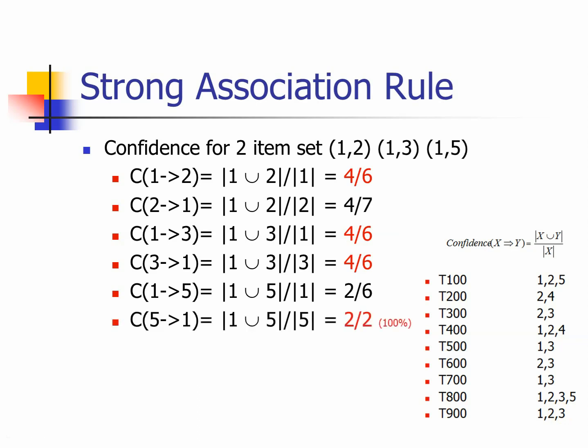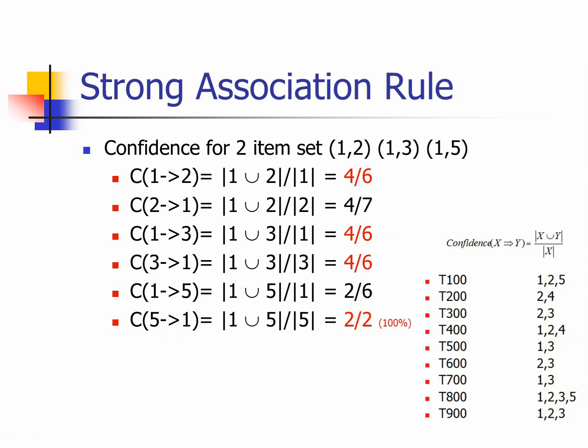However, on the other side, this gives you a super strong association rule, because I5 occurs only 2 times here. Based on this condition, every time that I5 occurs, I1 also occurs. That's why it gives you a very strong association rule.